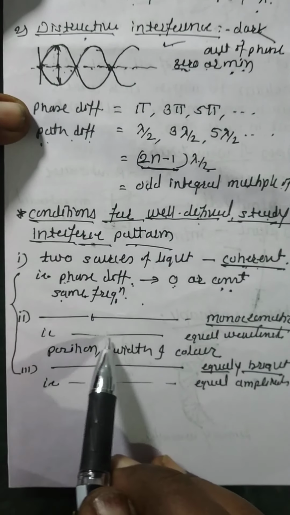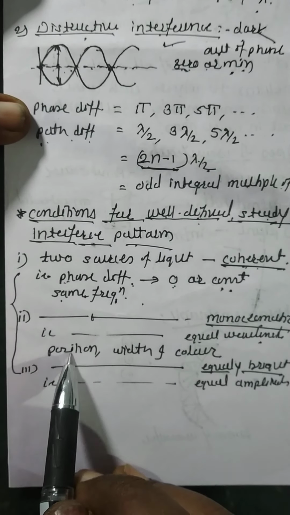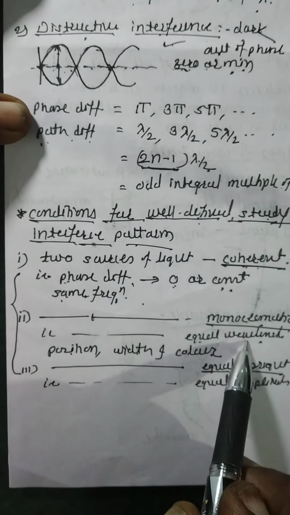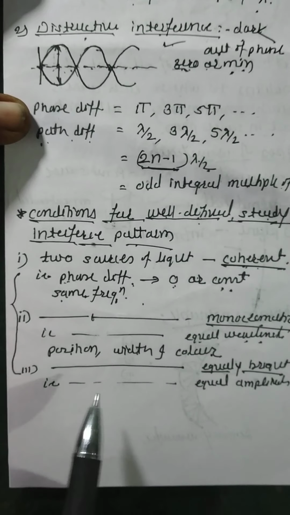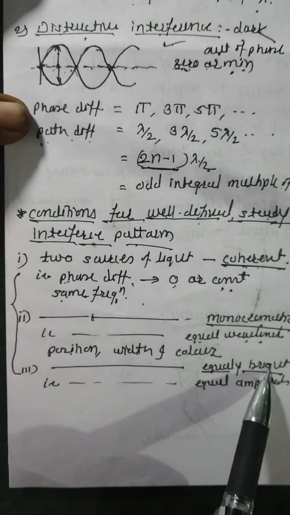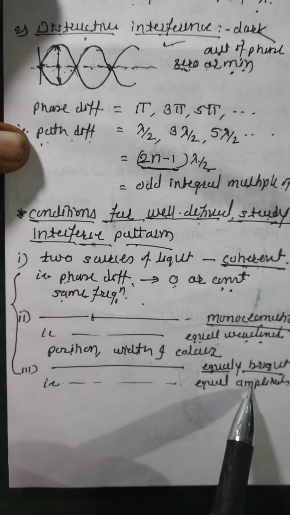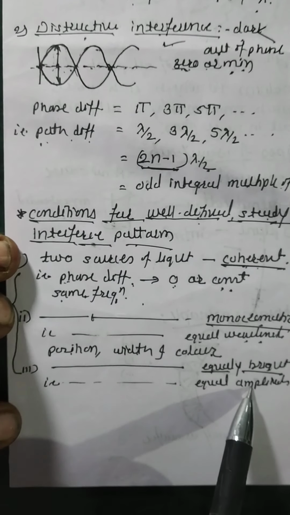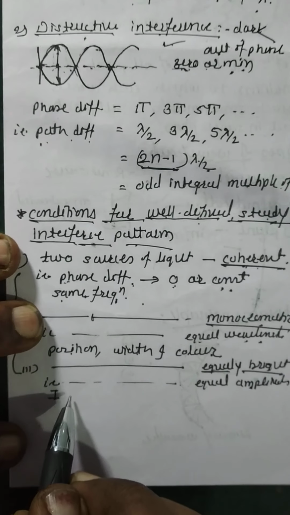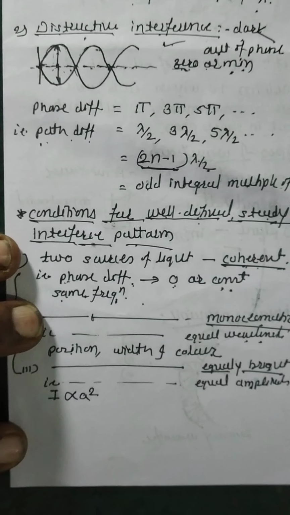That is, these sources produce waves having equal wavelengths, because the position, width and color of fringes depend upon wavelength. One more: the two sources of light must be equally bright. That is, these sources produce waves having equal amplitudes, because the intensity of light is directly proportional to the square of the amplitude of the wave.